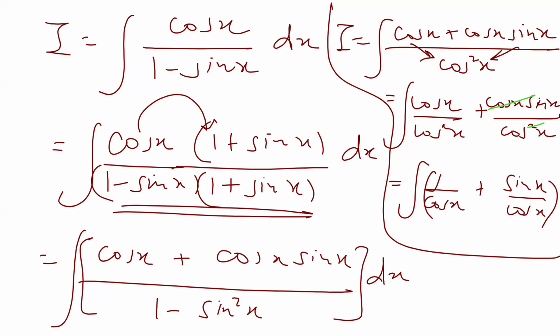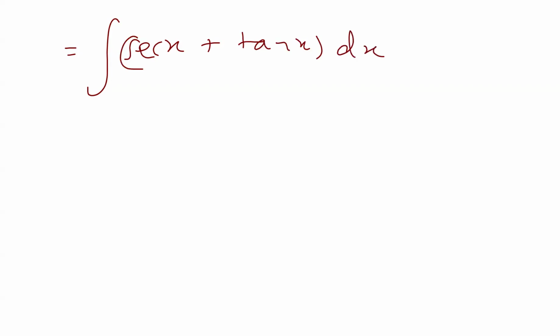So this will be integration of sec x plus tan x. I'll just write it over here: integration of sec x plus tan x dx. Individual integration because there is a plus sign in between.